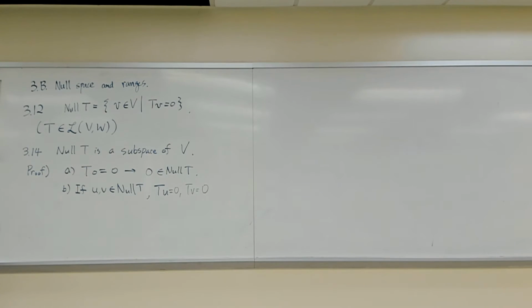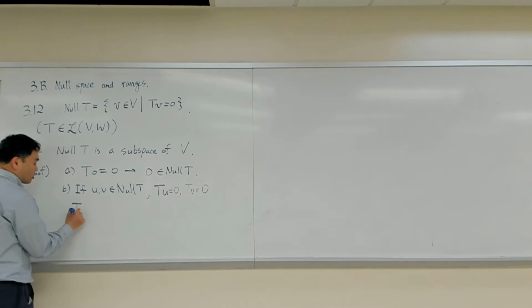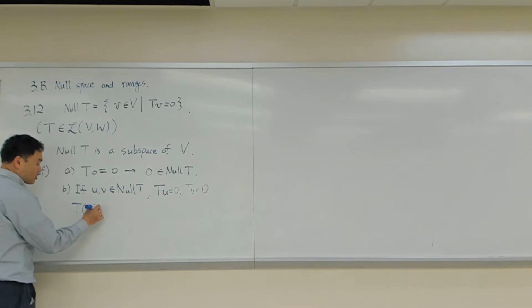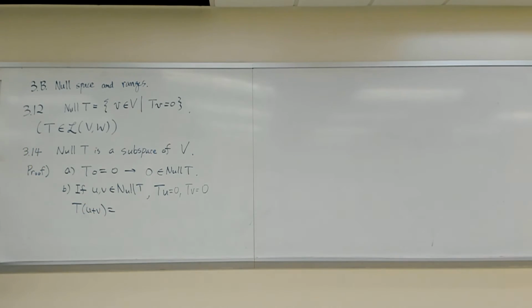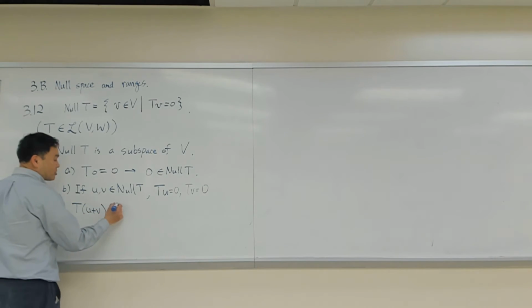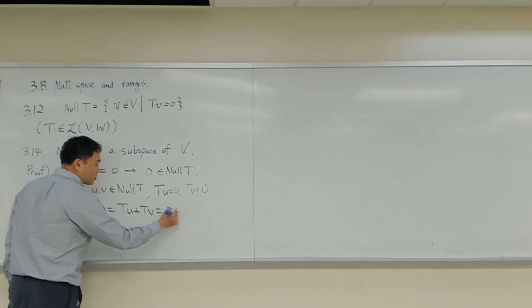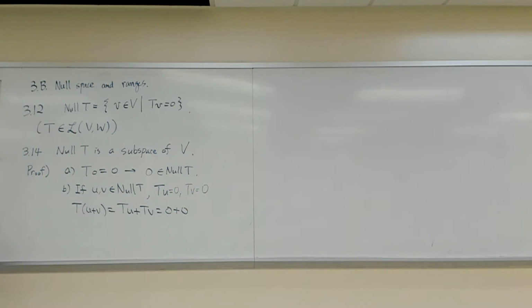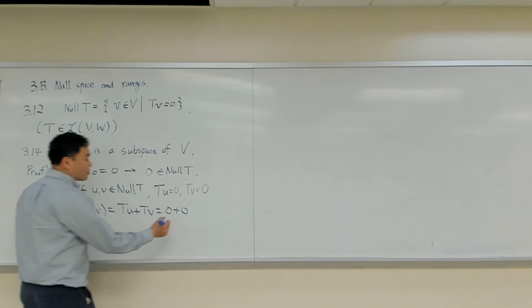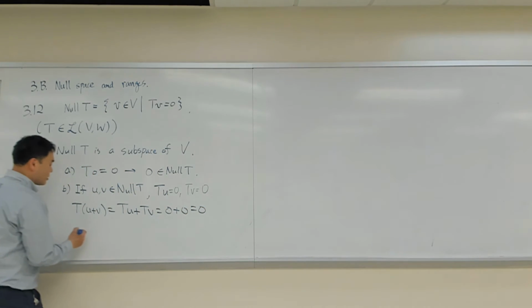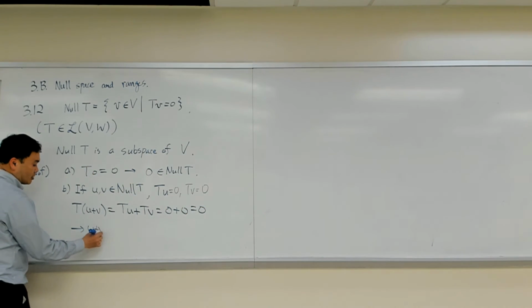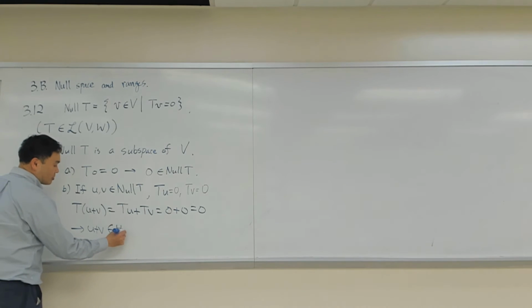I want to prove that U plus V is in null T. To prove that, what do we do? T of U plus V, we have to compute this and we have to show that this is 0, right? So what is that? That's TU plus TV, which is 0 plus 0 because of the given. And 0 plus 0 is 0. And that shows that U plus V is in the null space.